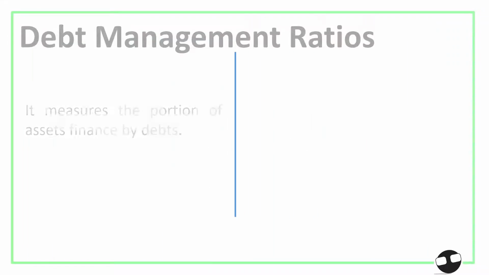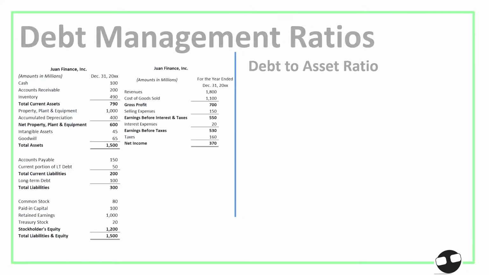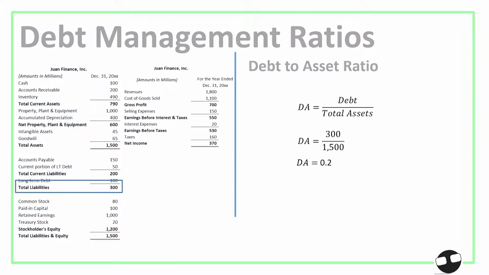So first we have the debt to asset ratio. It measures the portion of assets financed by debts. And our formula is total debt divided by total assets. So in this case, we have 300 divided by 1,500.